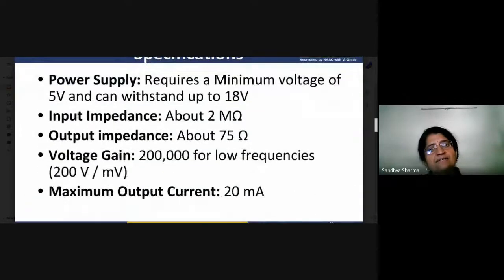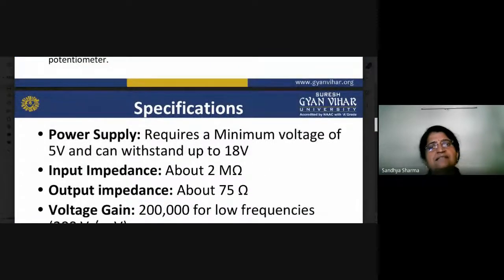Now we will again see the basic standard specifications of our 741. When we talk about the power supply, it varies between a minimum of 5 volt and a maximum of 18 volt. What about the input impedance? As we know, this is the basic ideal parameter of our 741 operational amplifier.